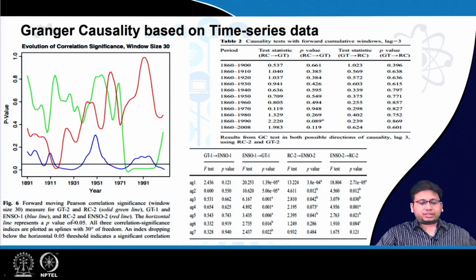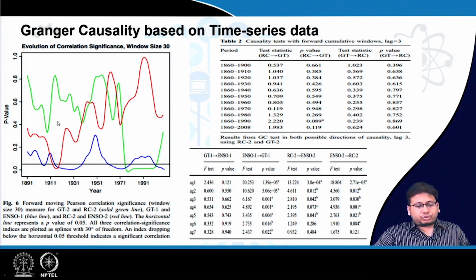So after smoothing the series by this second degree differencing, they carry out the Pearson correlation test at different time windows between the different pairs of variables, and they see that around 1991 the p value between GT2 and RC2 is very high, almost close to 1, while there are other periods of time when the correlation coefficient was effectively nil.